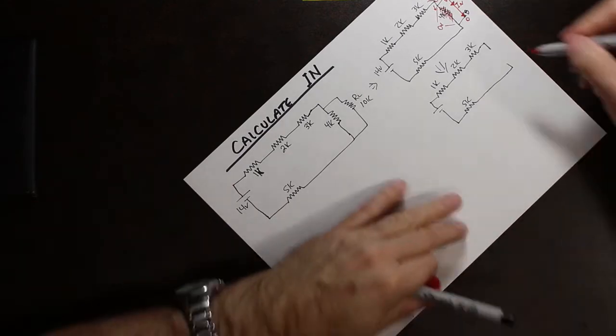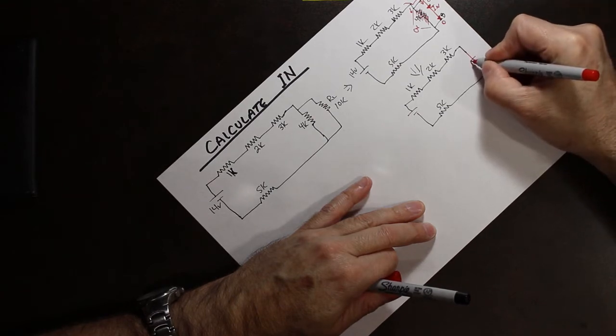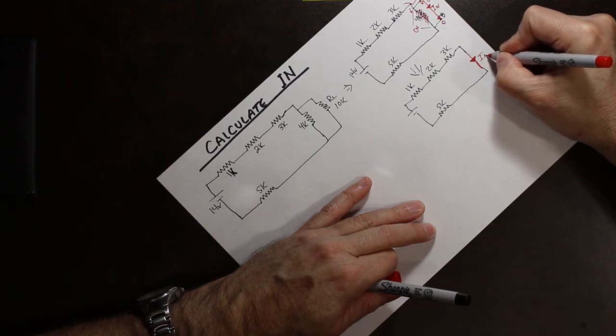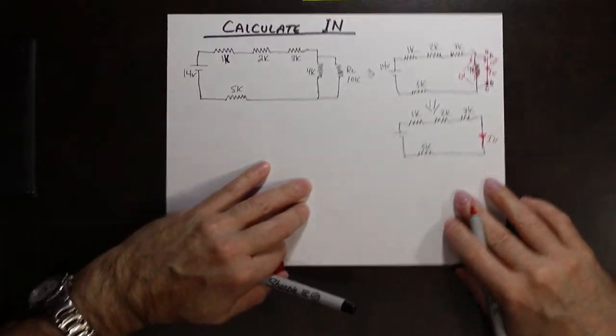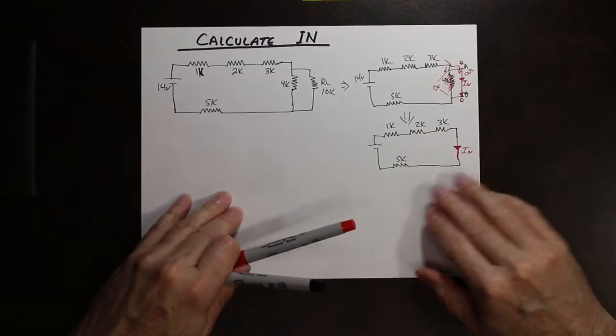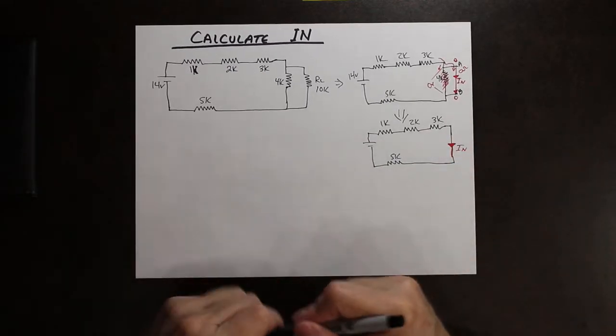And this is our wire. And this is where we want to see the current. And that is I Norton. So in this example, we are actually left with a very, very simple series circuit.